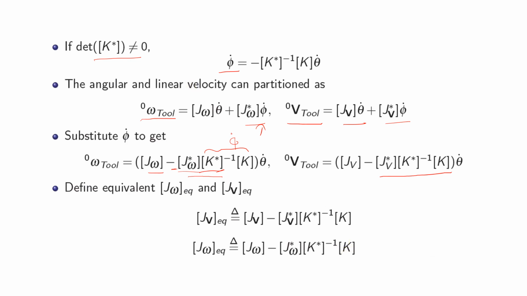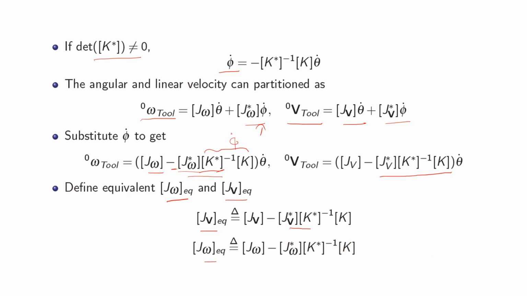So we can now define an equivalent Jacobian matrix for the angular velocity of the parallel robot. So this J omega equivalent and Jv equivalent. Jv equivalent is defined by Jv minus Jv star K star inverse K, and J omega equivalent is defined as J omega minus J omega star K star inverse K. So it is really straightforward.